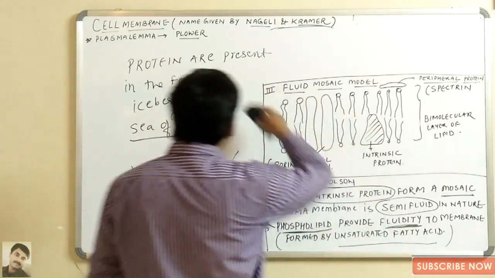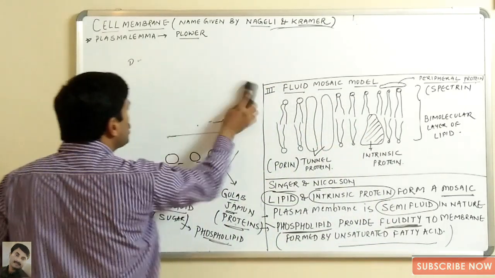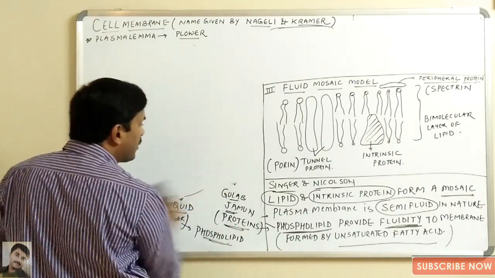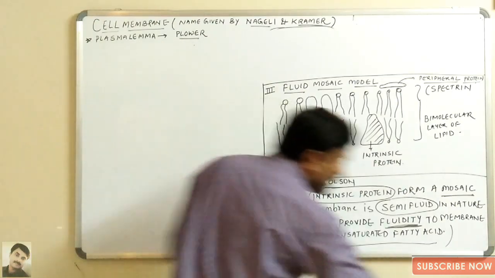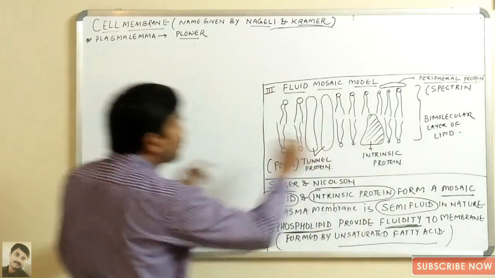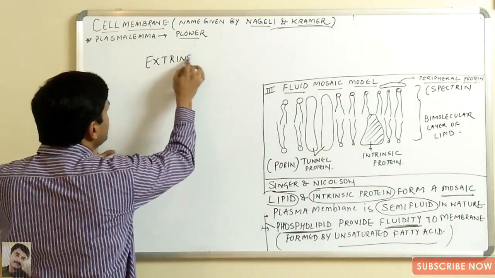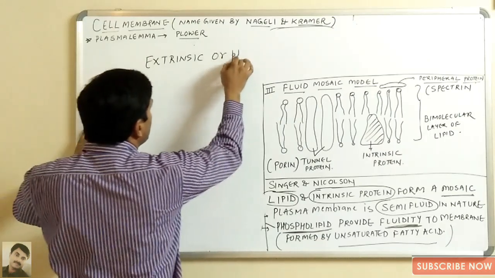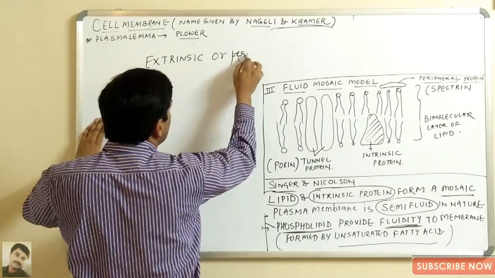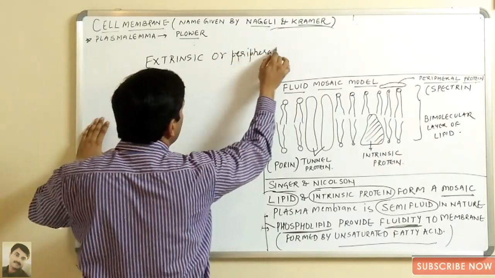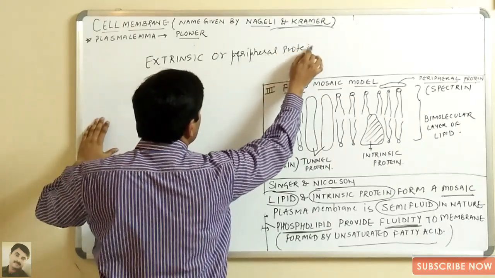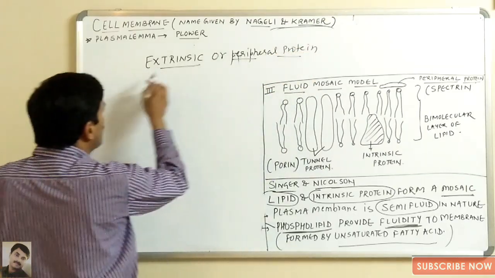You can see in the diagram that there are two types of proteins. One is known as extrinsic or peripheral proteins. Now what are these extrinsic proteins?